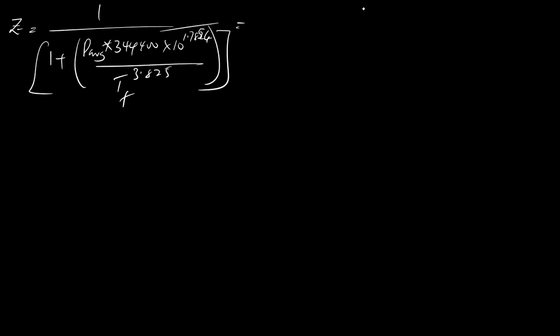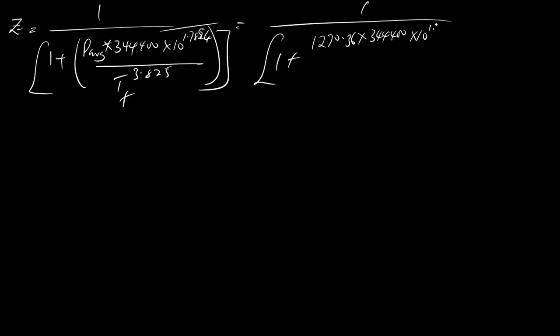So the compressibility factor will now be 1 plus 1,270.36 times 344,400 times 10 raised to power 1.785 times G, which is 0.6, divided by 519 raised to power 3.825.